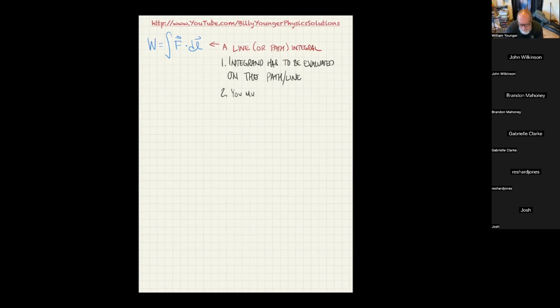The other part is you must use either DL or the range of integration to indicate the direction in which you are integrating.